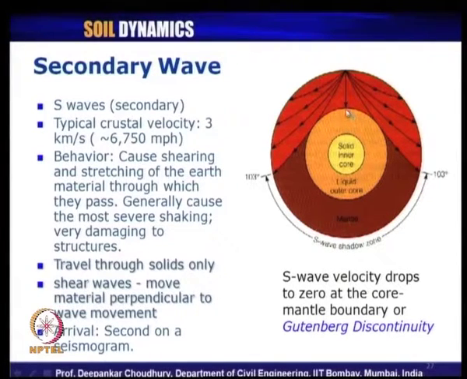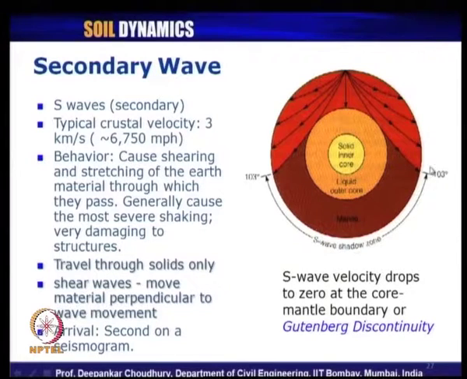So obviously, the shear wave cannot travel through liquid media, it travels only through solid media. That is the reason it just comes to a dead stop at this boundary. Nothing gets transmitted into the next layer. That is why on this side we do not have any S wave coming out from the earthquake energy released here.